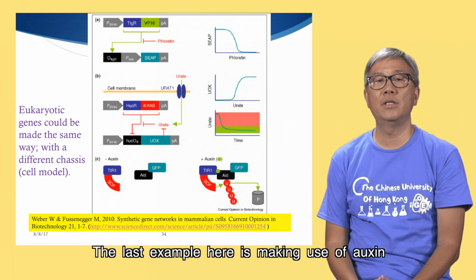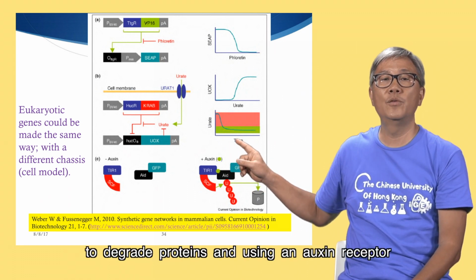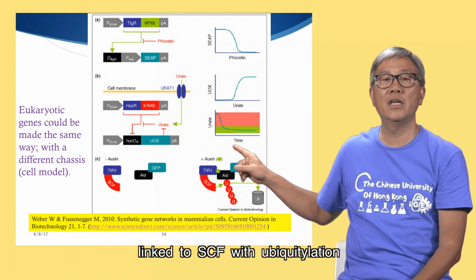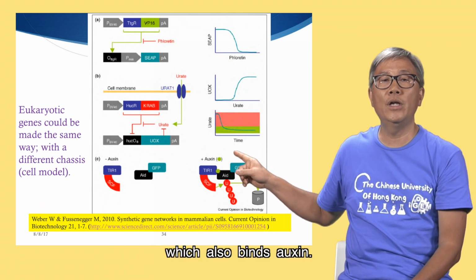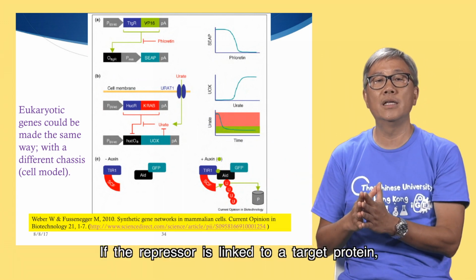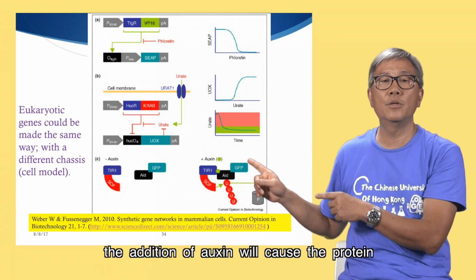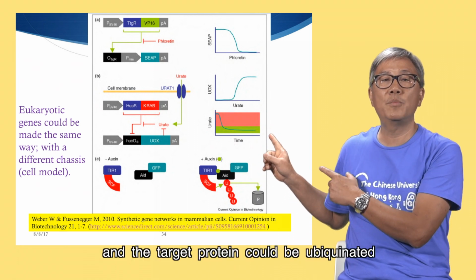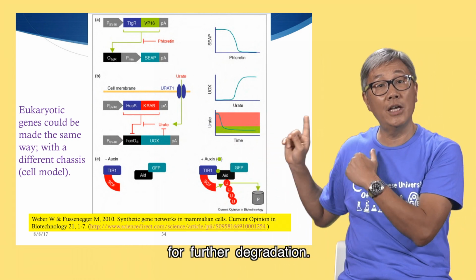The last example here is making use of auxin to degrade proteins, using an auxin receptor linked to SCF with ubiquitination and the auxin transcription repressor 8, which also binds auxin. If the repressor is linked to a target protein, the addition of auxin will cause the protein to be linked by auxin with a complex, and the target protein could be ubiquitinated for further degradation.